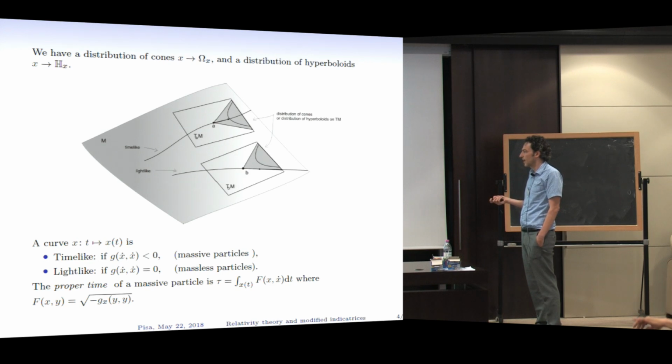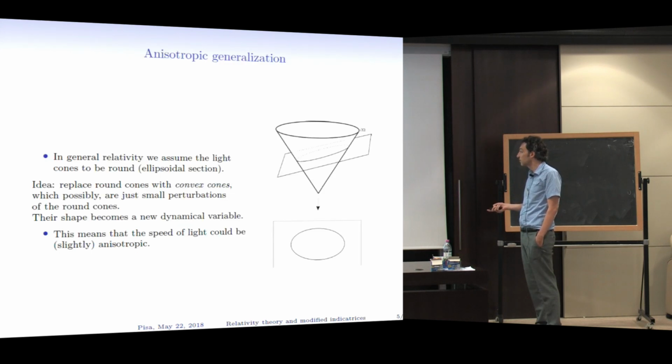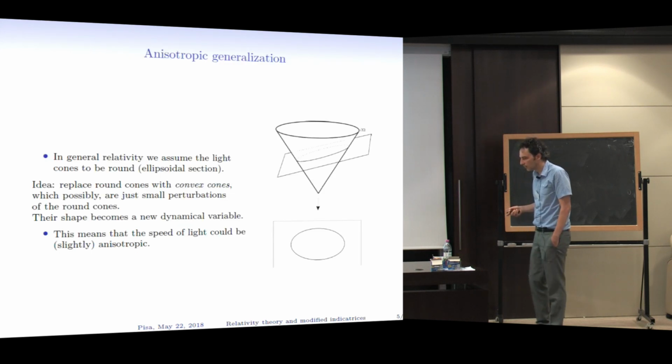A curve is time-like if the square of the tangent vector is negative, or light-like if it's 0. So the distinction is between massive and massless particles. Then the proper time is the integral of this function here that will play the role of Finsler function in the general theory.